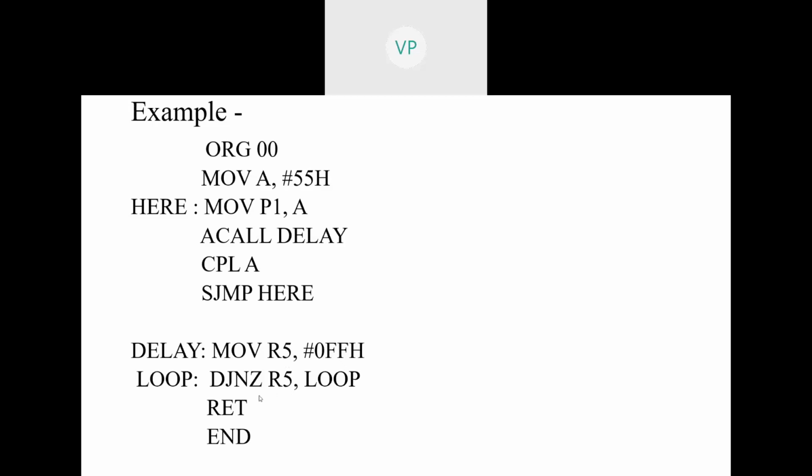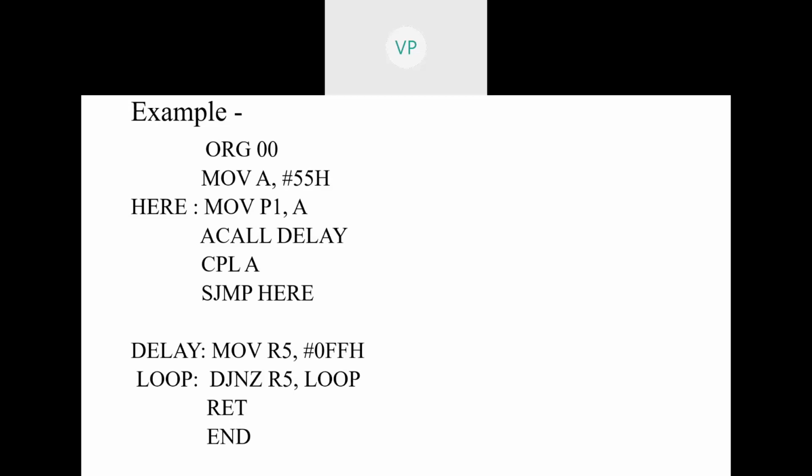After that, R5 is equal to 0. Since it is equal to 0, what will happen? It will come out of the loop, and now the subroutine will execute the return instruction. As part of the return instruction, the processor retrieves the return address which is stored onto the stack.